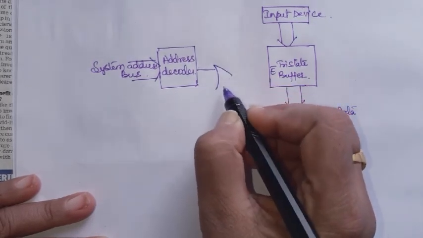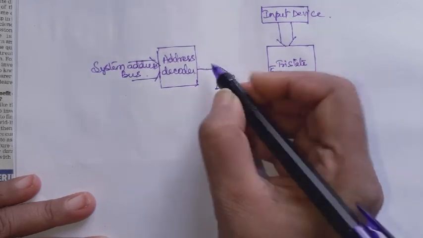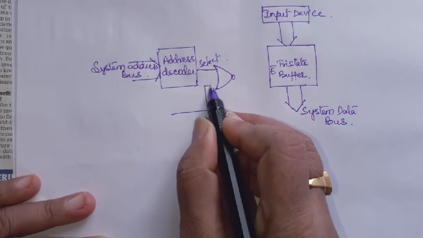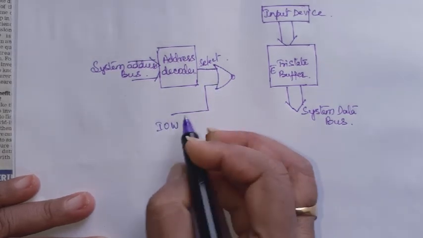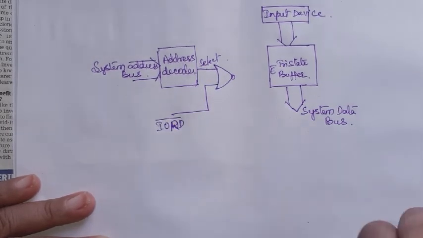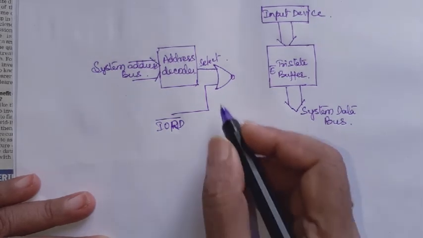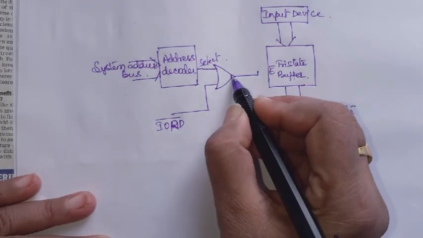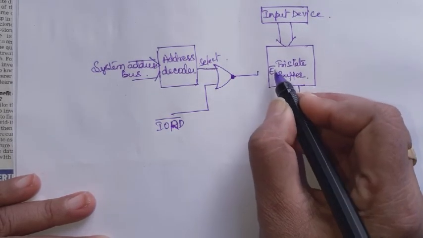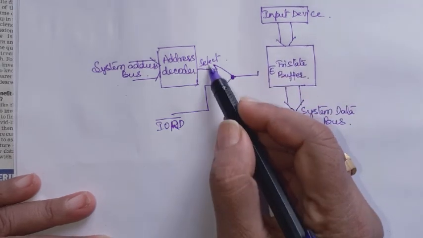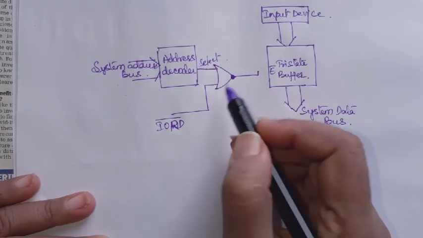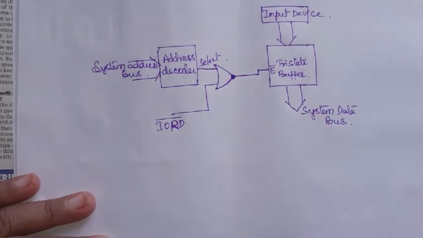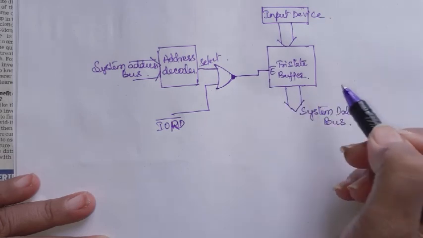Then this select input from the address decoder, and here IO read bar control signal. These two are decoded to enable. Here inverter is not required because this is active low. This is low and this is low. So output of the OR gate will be low. And this tri-state buffer is selected.